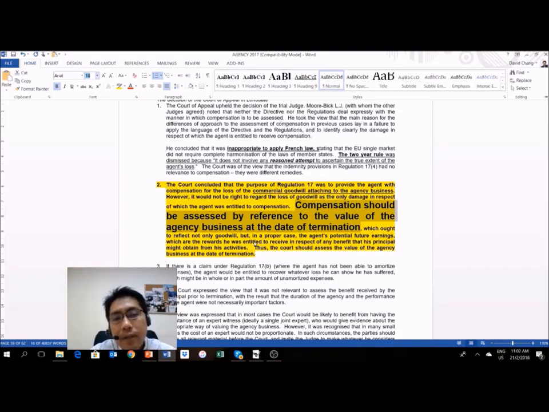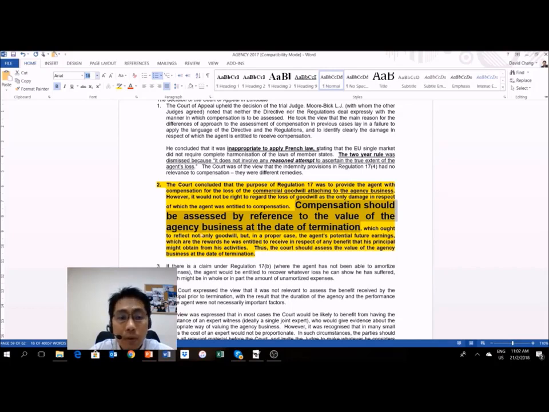So what the court is now saying is this, that when we award compensation under Regulation 17, it ought not be a mechanical 2-year rule position. Rather, we look at the value of the agency business.